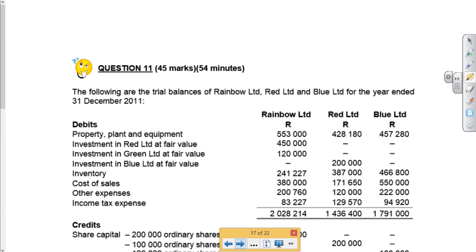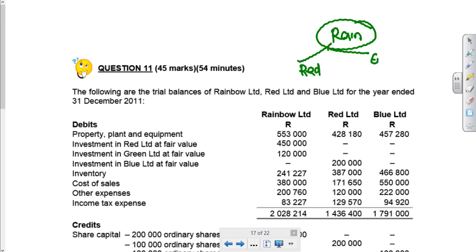Rainbow has an investment in red and green, and then red has an investment in blue. So it looks like that: rain, red, green, blue.